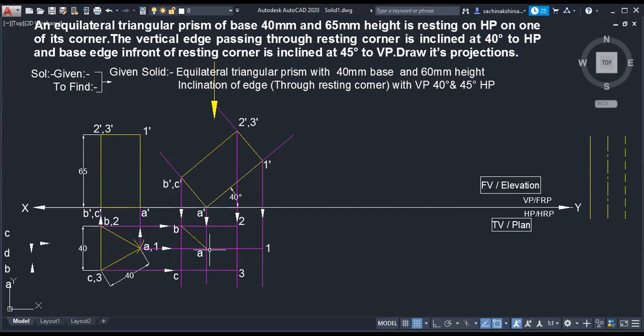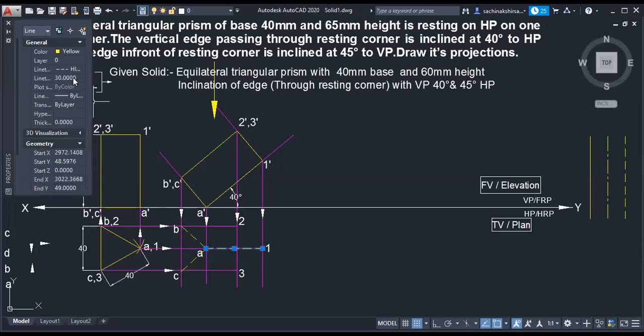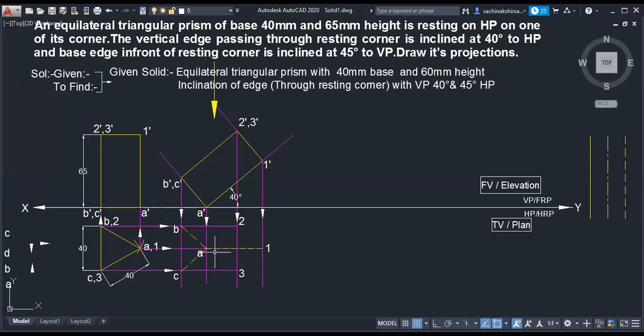This to this. This to this. So in this way, these three edges will be dotted.